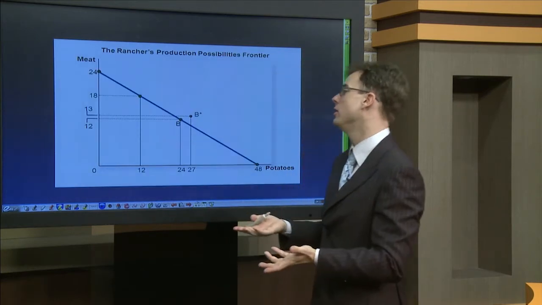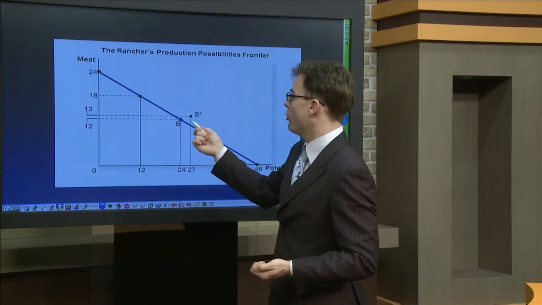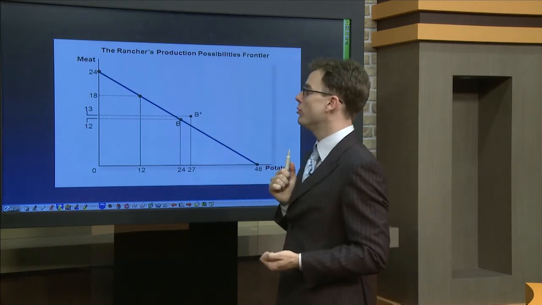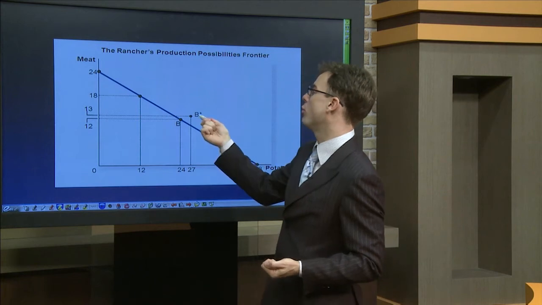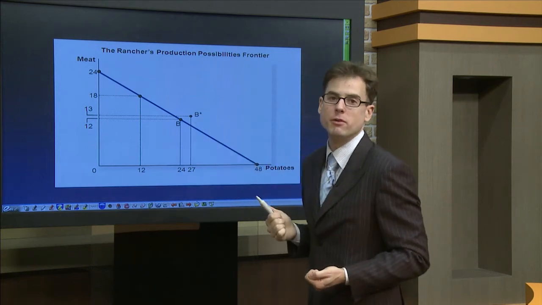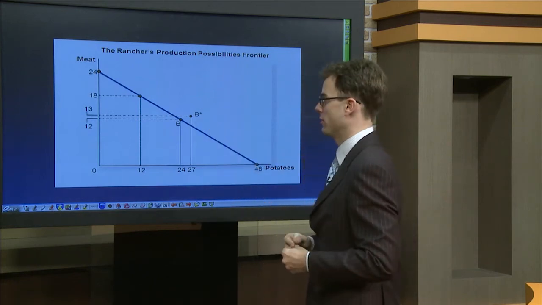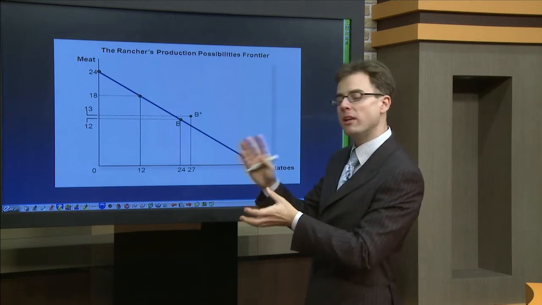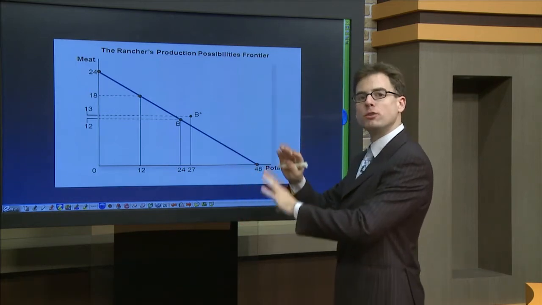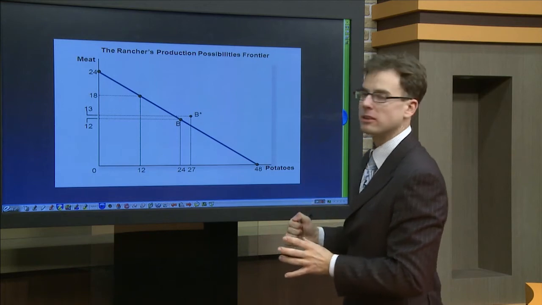And as a result of this trade, both individuals could move to a consumption point which is strictly above their individual production possibilities frontier. So I want you to think that there is nothing tricky, there is no magic in this discussion.